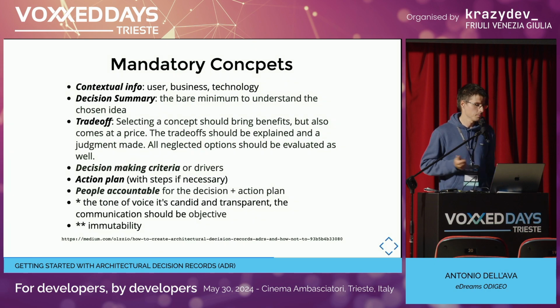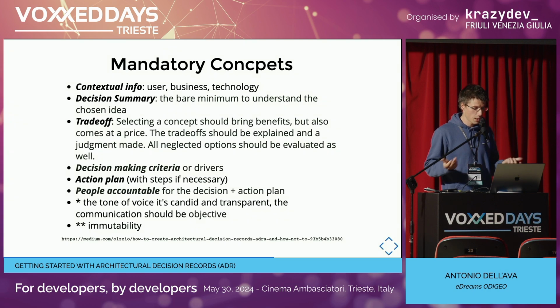So first of all, contextual information. The context is an important part of a decision. If you don't have the context, you cannot move to decision making. Obviously, you have to summarize the bare minimum to understand the decision, the idea chosen.